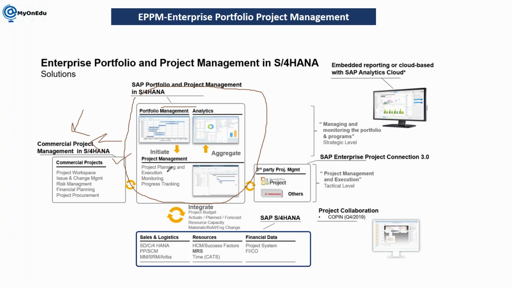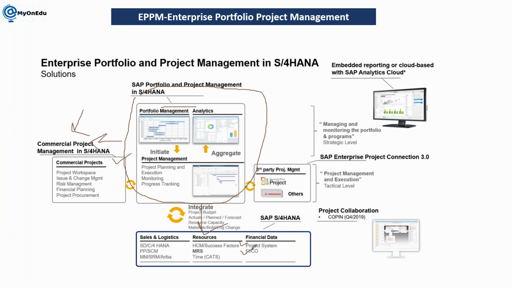In portfolio project management, we have a standard process with internal order and Project System, so it integrates with your core SAP modules. We have Project System, and to get all the financial values, we integrate with FICO.